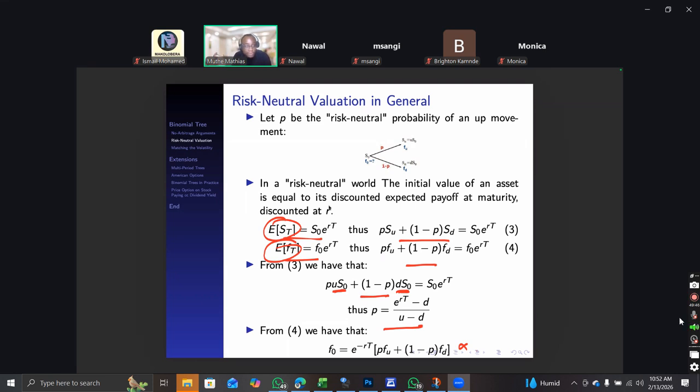That is why most pricing problems go straight to risk neutral valuation, because at the end of the day, you end up getting the same thing as the no arbitrage argument. And we said before that when setting prices, you have to make sure that the price does not allow people to make risk-free profit. So risk neutral valuation is a very powerful method when it comes to pricing, especially pricing derivatives.